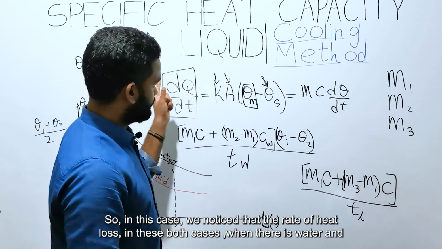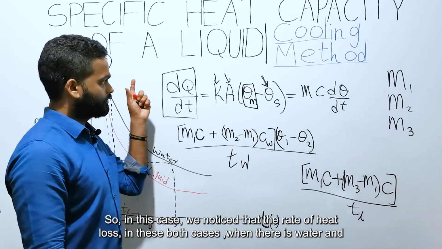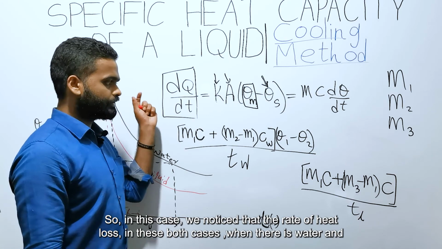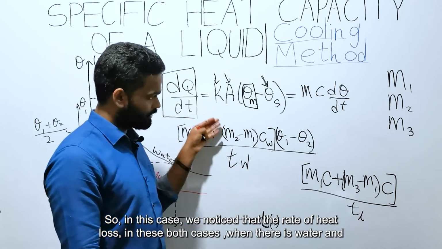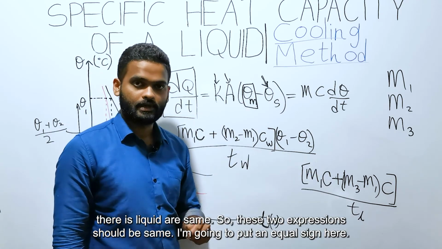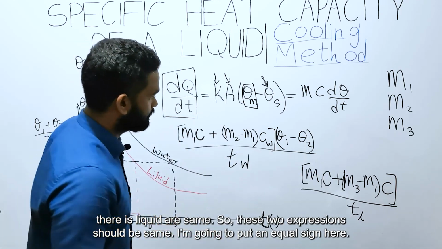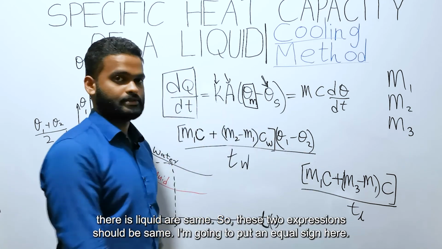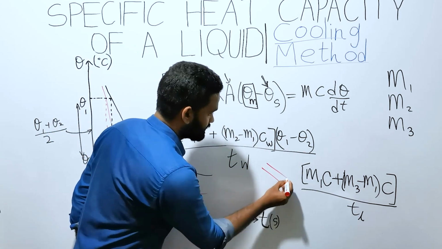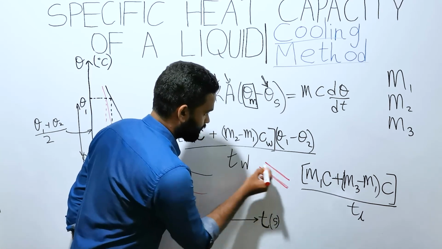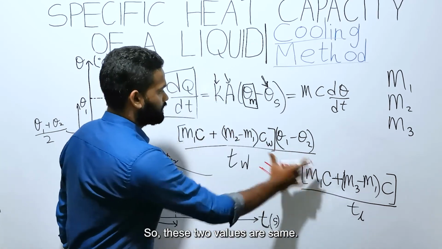So in this case, we noticed that the rate of heat loss in both cases, when there is water and when there is liquid, are same. So these two expressions should be same. I'm going to put an equal sign here. So these two values are same.